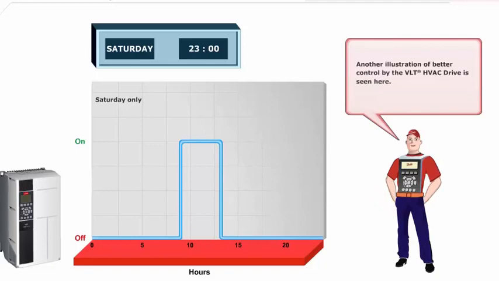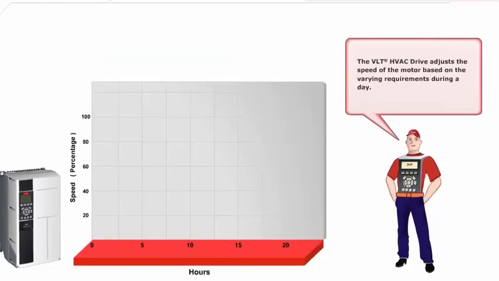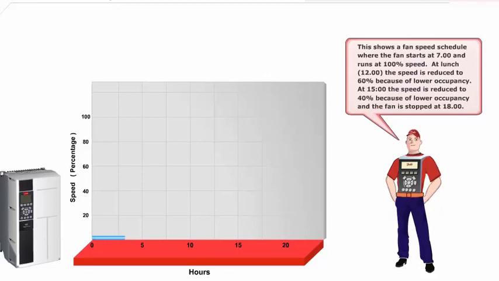Another illustration of better control by the VLT HVAC drive is seen here. The VLT HVAC drive adjusts the speed of the motor based on the varying requirements during the day. This shows a fan speed schedule where the fan starts at 7 and runs at 100% speed.